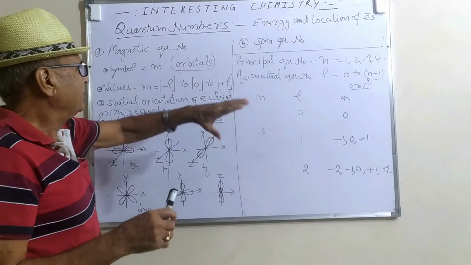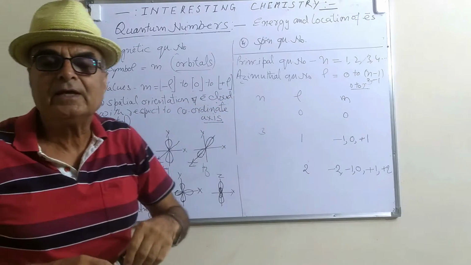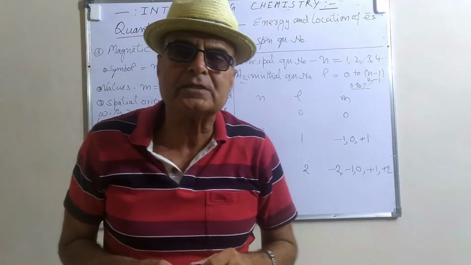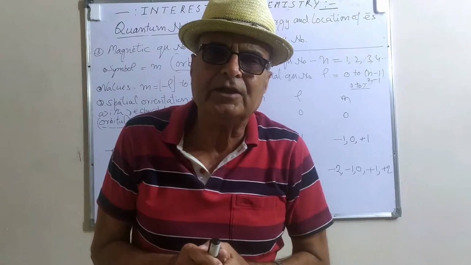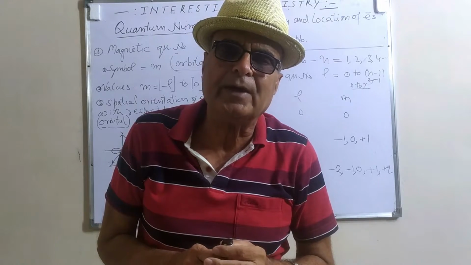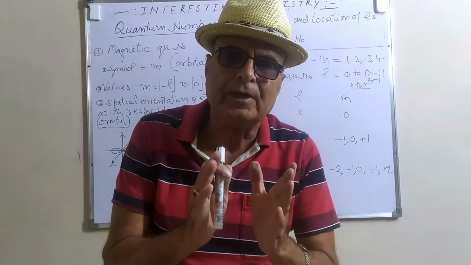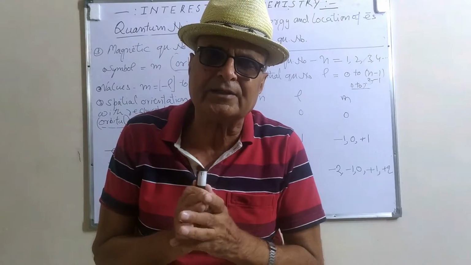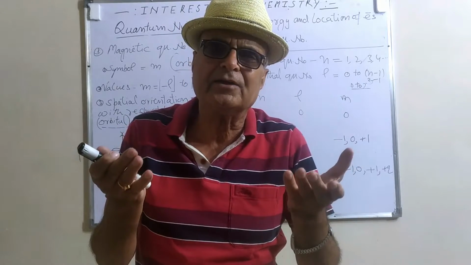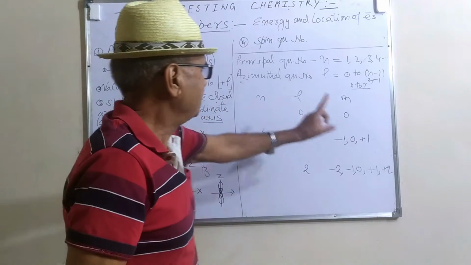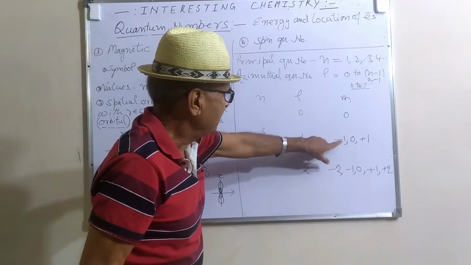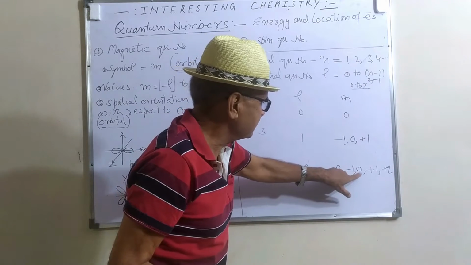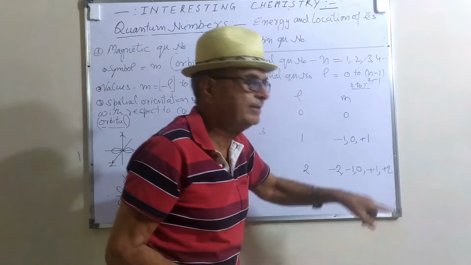Now if I ask you how many orbitals are there in the third cell if n is equal to 3, we count 1, 2, 3, 4, 5, 6, 7, 8 and 9.